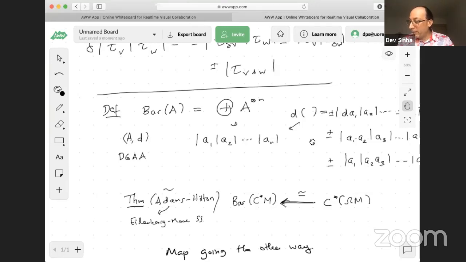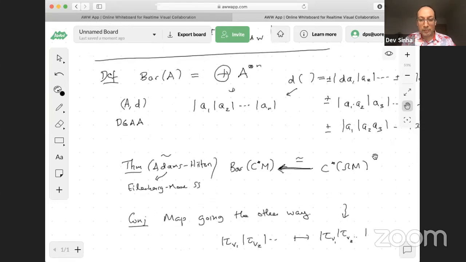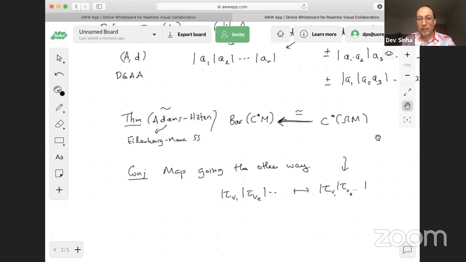I had defined this as a cochain. Let me move up the window. So this side is the formal and this side is the geometric that I just gave you.